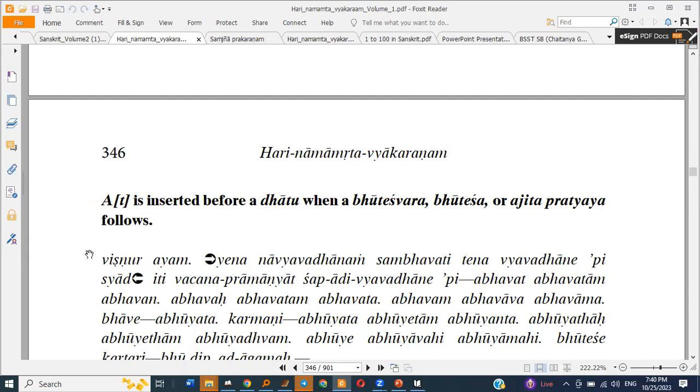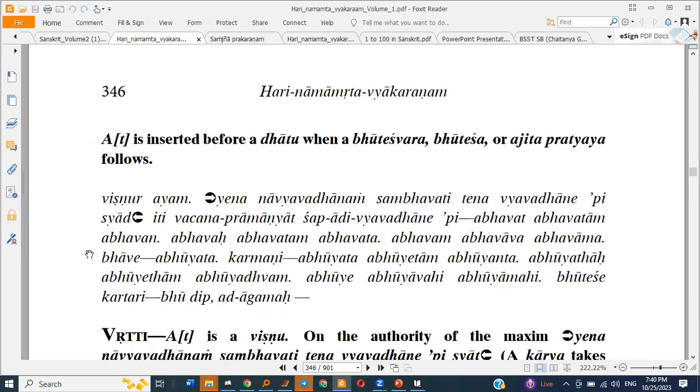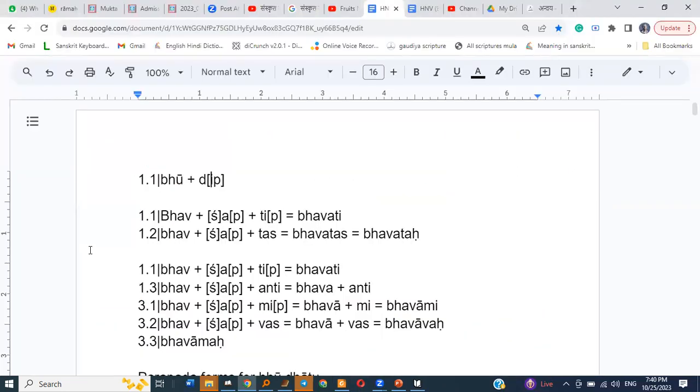The Bhutesha would be the next one, and Ajita Pratyayas are the last set of Pratyayas. So we insert At here before Bhu, and then we combine it so it becomes like this.